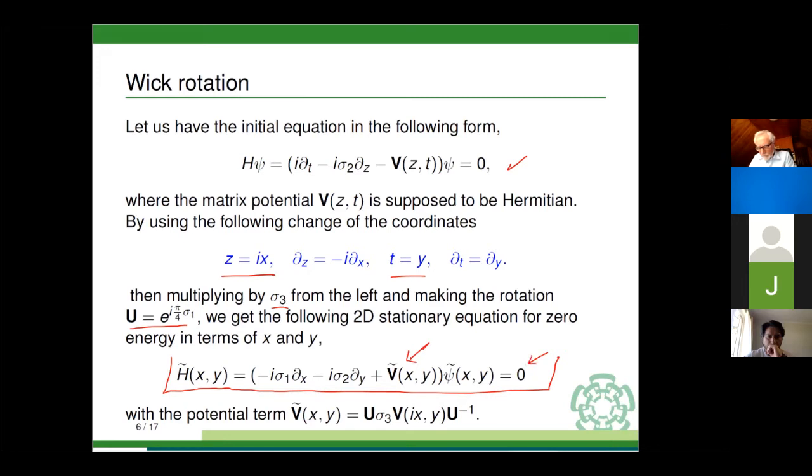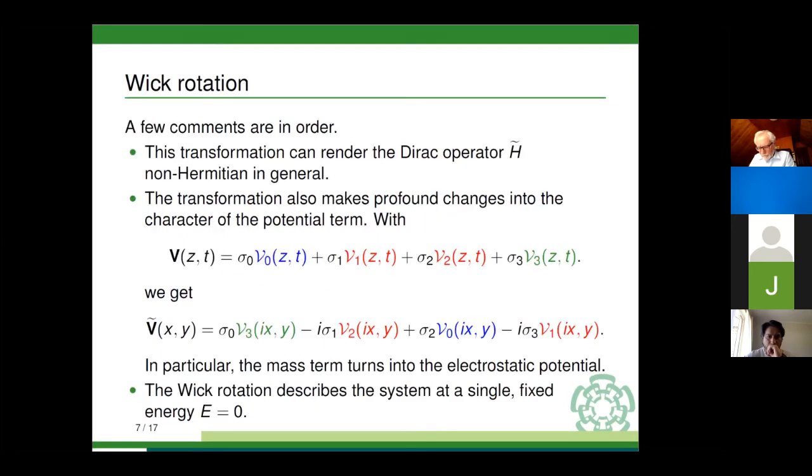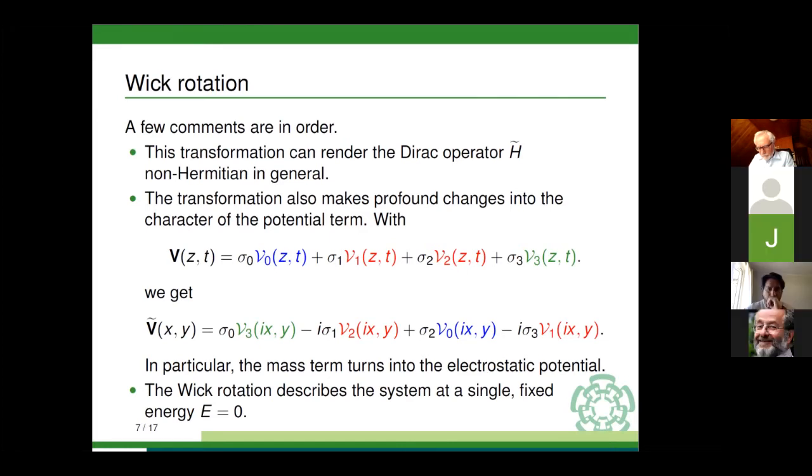Let me give you some remarks about this big rotation. Because we change Z to Ix, the new Dirac operator could be non-Hermitian in general, so we have to be careful about that. Second, the transformation also makes profound changes in the character of the potential term.